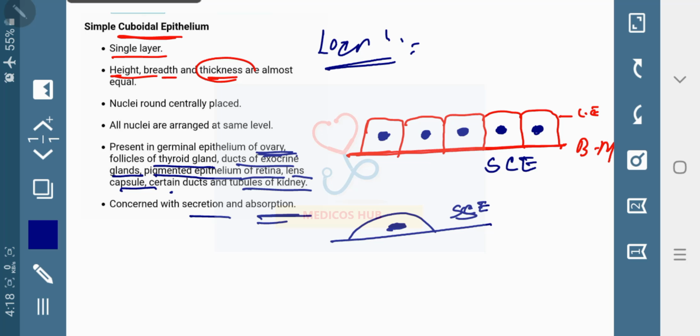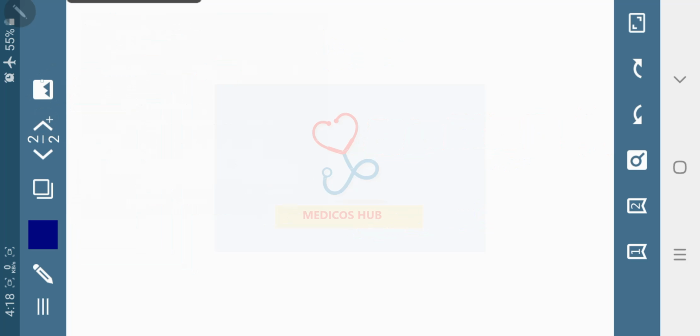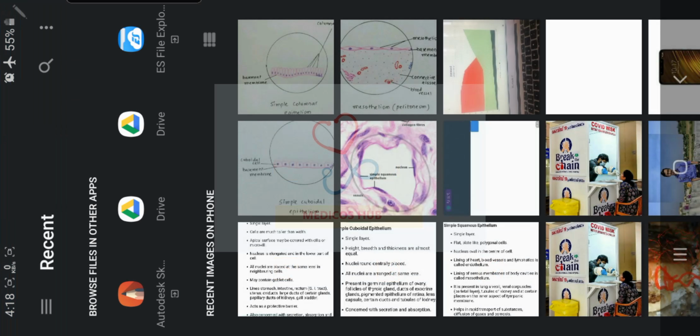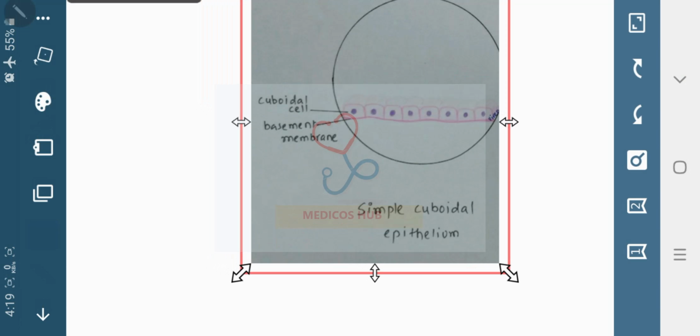And I will show you another slide. See, this is how you can draw a simple cuboidal epithelium.